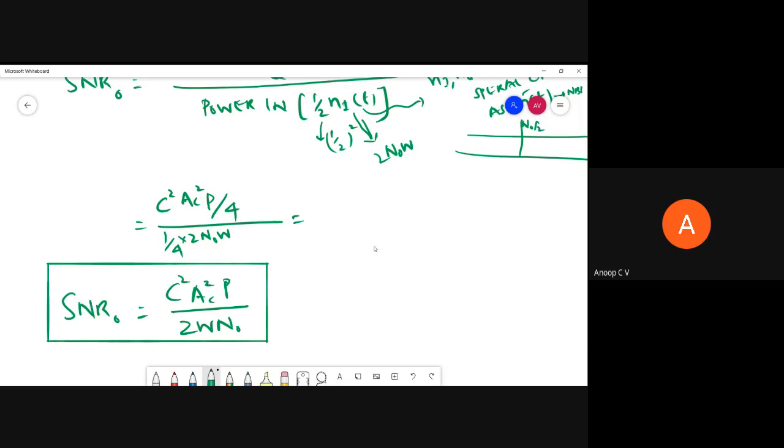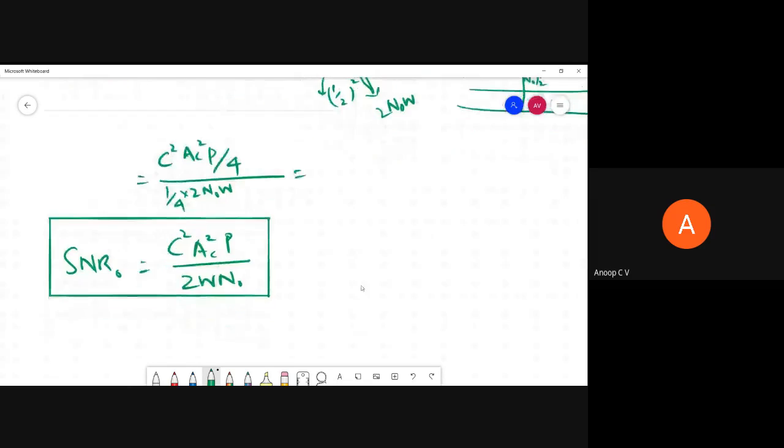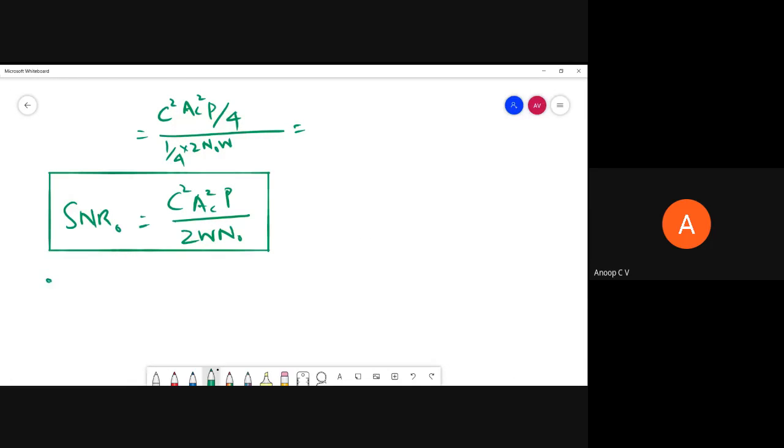Now we have to find the figure of merit, or FOM, which we can also write as gamma.